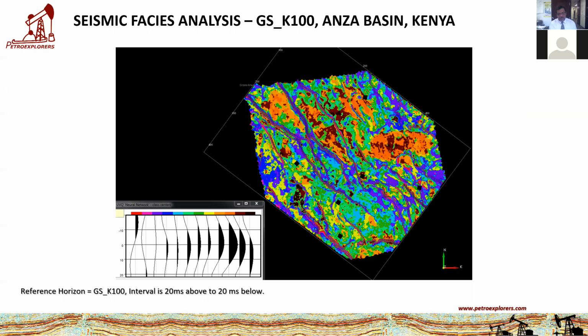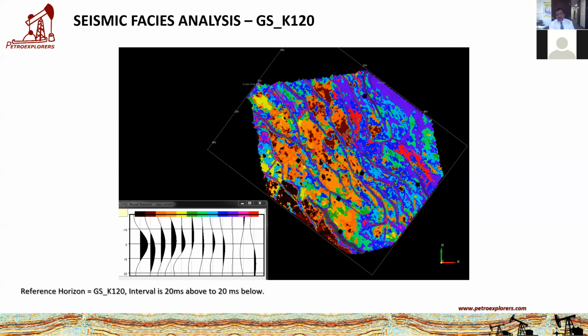We will address that in the unsupervised neural network as well later. And so the individual fault blocks, how they have sand and shale facies becoming shaly from the sandy.